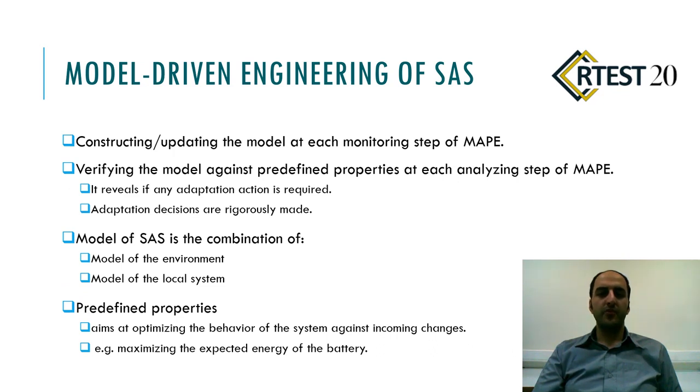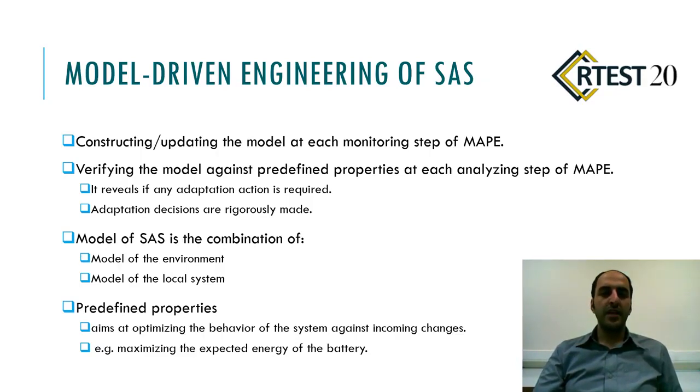The model-driven approach is widely adopted by the community. In this approach, decisions are made with respect to the verification result of the models. In each monitoring step, the self-adaptive system updates the model, verifies it against some predefined properties, and if the verification result reveals that adaptation is required, adaptation actions are triggered.